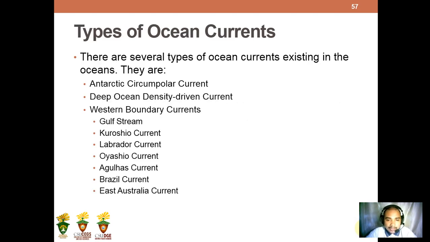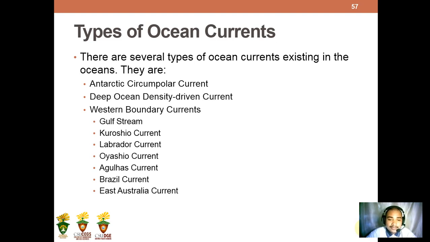So below are the several types of ocean currents existing in our oceans. First is the Antarctic circumpolar current. Second is the deep ocean density-driven current.